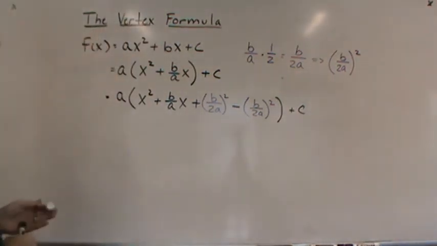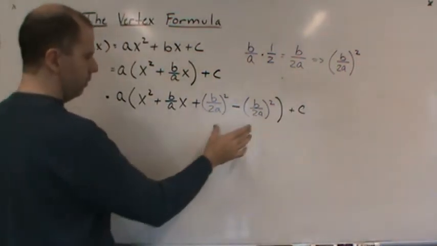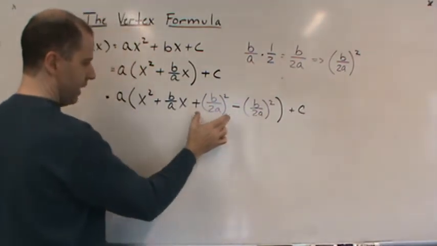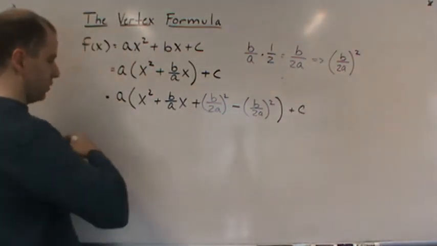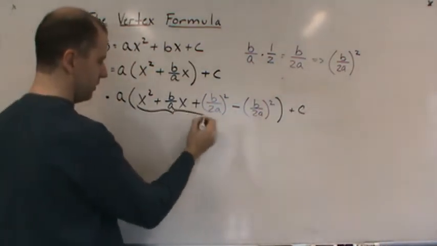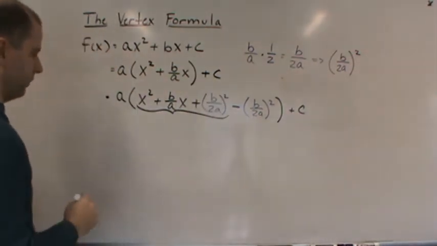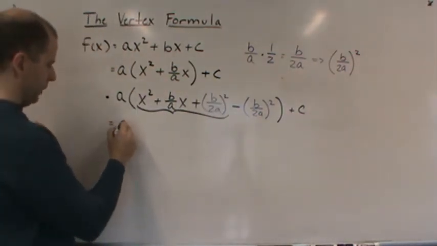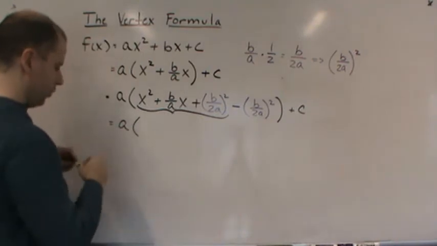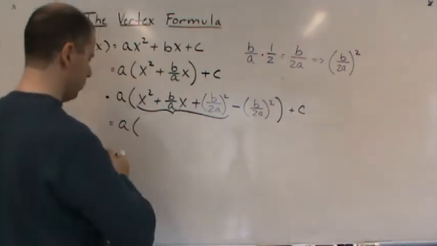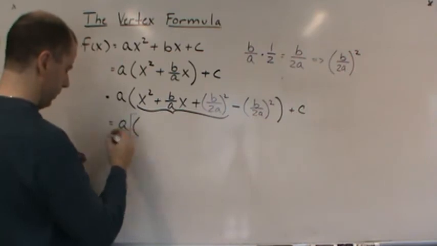Now, just like we did before, I'm going to ignore this, and this piece is the perfect square. So this is what I get. Now this is going to equal a, and again I'm going to group these. I'm going to put parentheses around here.